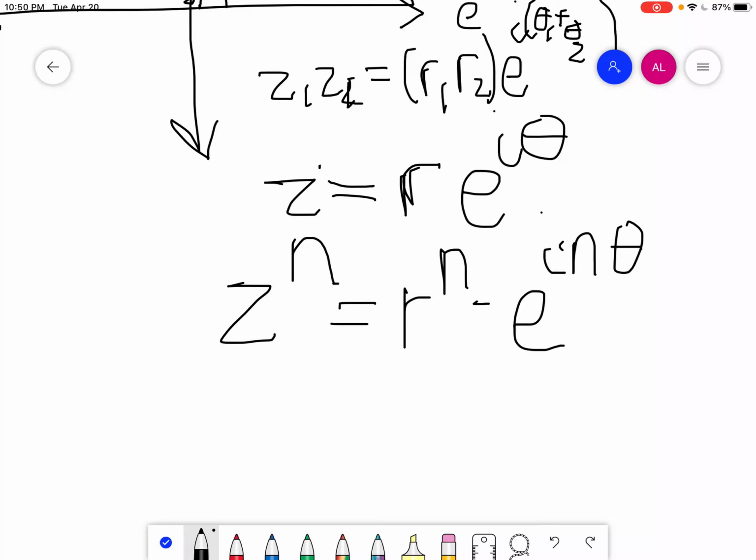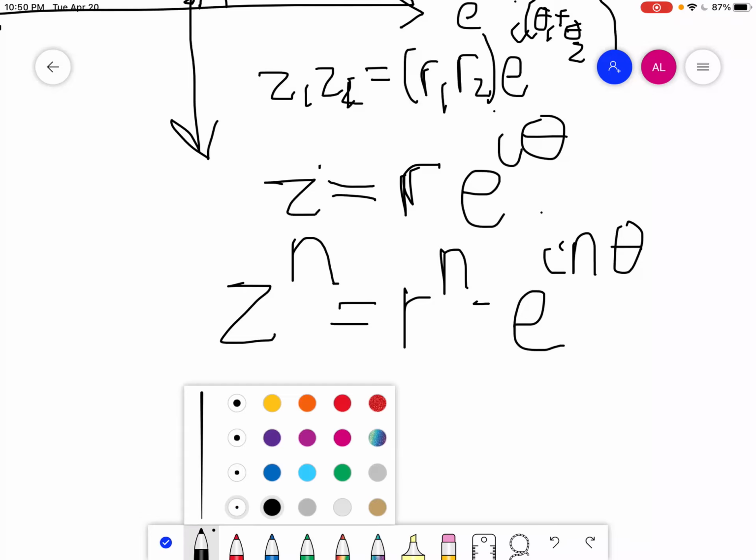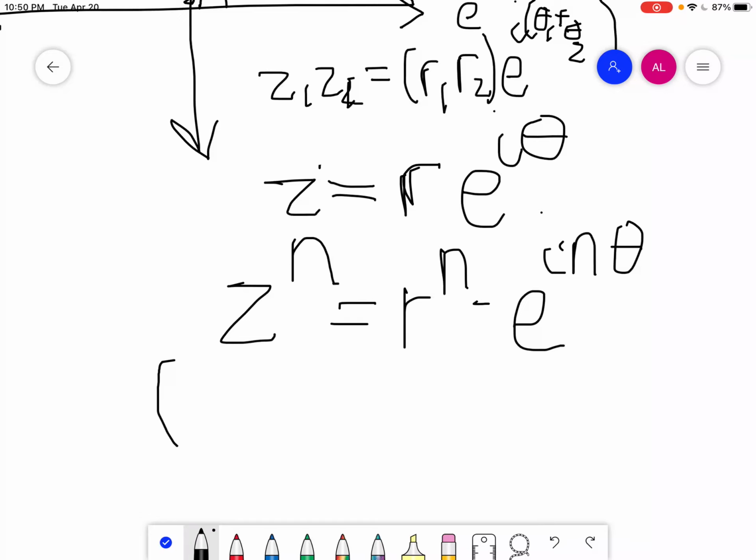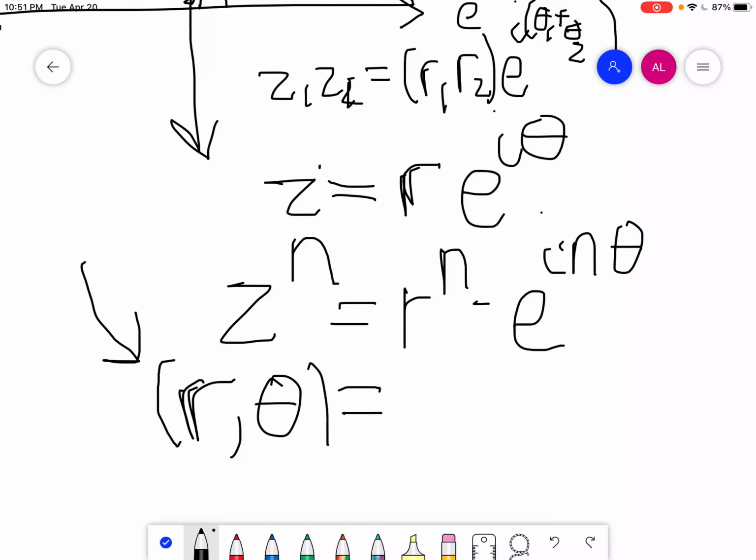This leads us to de Moivre's theorem. So, if we have a polar coordinate r and theta, this is another representation in polar form, except we just use a coordinate system, and we take this to the power of p over q.